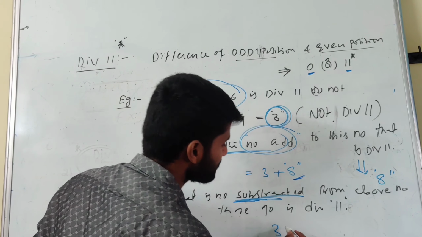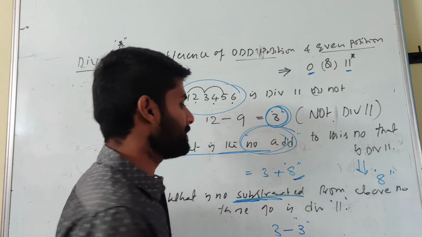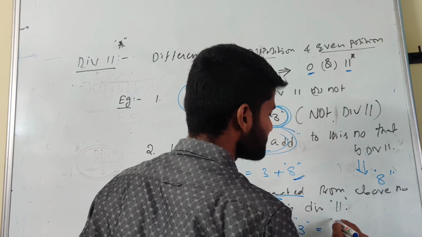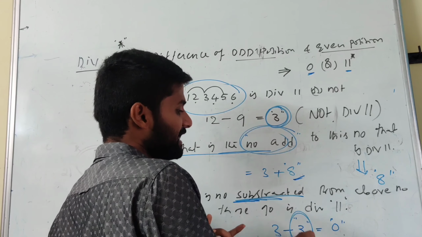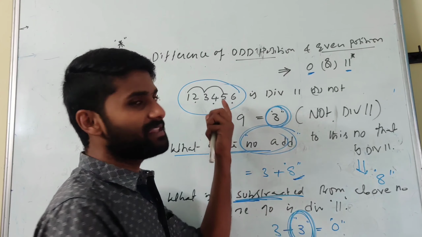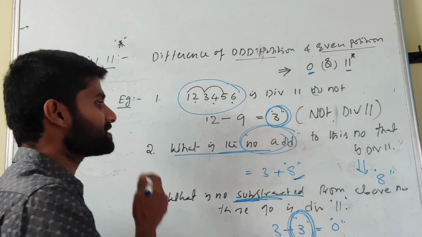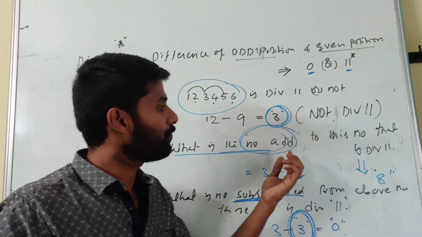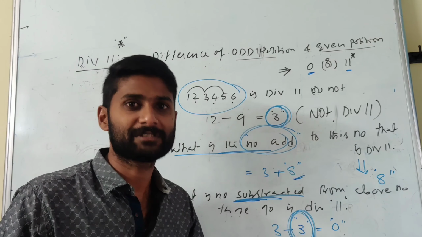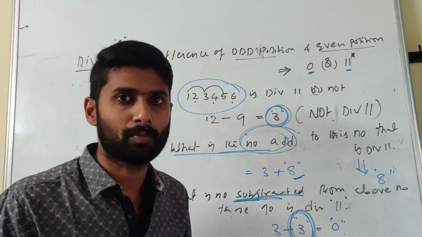So we can subtract 3 minus 3, and definitely we get 0 as a resultant. Then according to the question, what are we subtracting here? If 3 is subtracted from this number, definitely that number is always divisible by 11. So focus on these 3 questions. First, whether it is divisible by 11 or not, what we add, and what we subtract. These are the questions related to the divisible by 11 property.